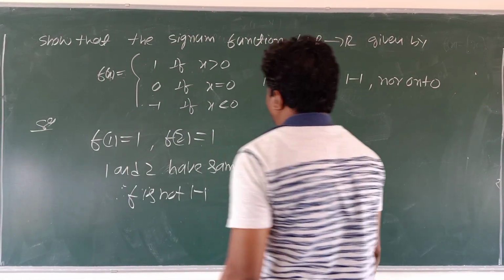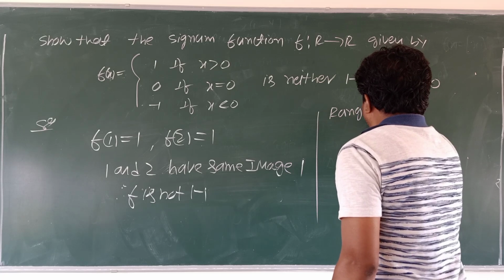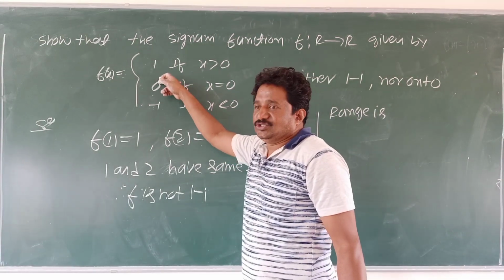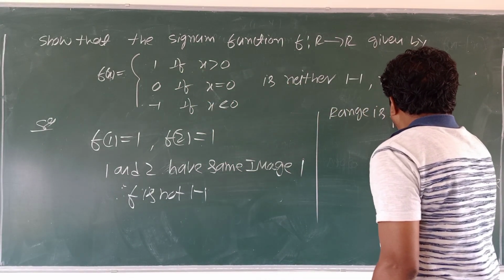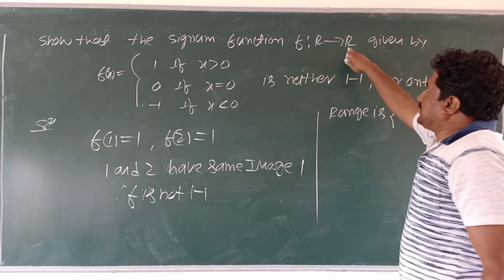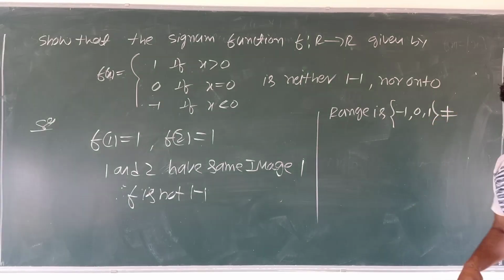Let us think of onto. Tell me the range. The range is the set {-1, 0, 1}. Is it equal or not equal to the codomain?